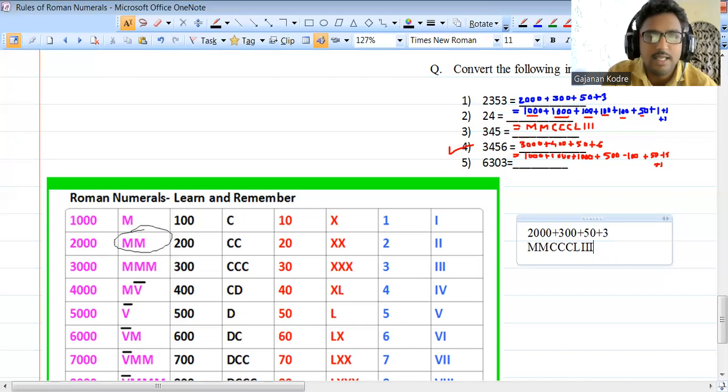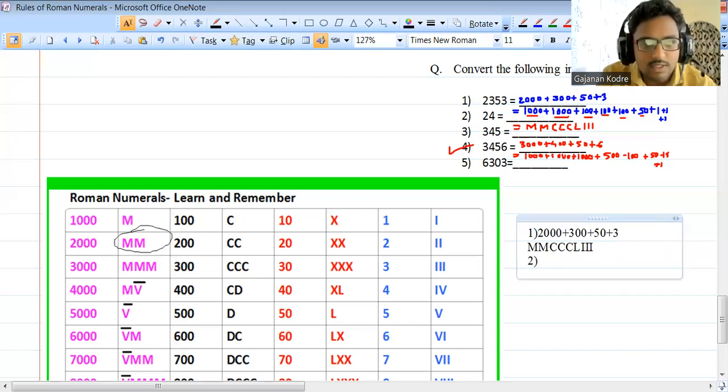Yes, this is the answer of the first. What is the answer of the second? How will you write the second one? The number is 24. 24 can be written in expanded form as 20 plus 4. What is the Roman numeral for 20?